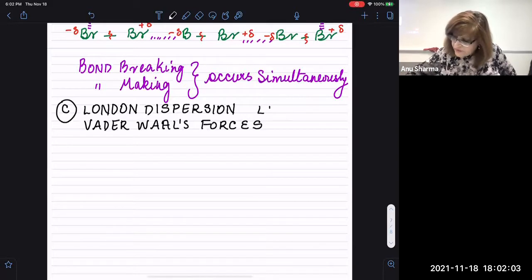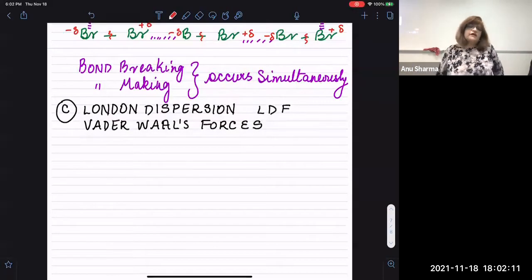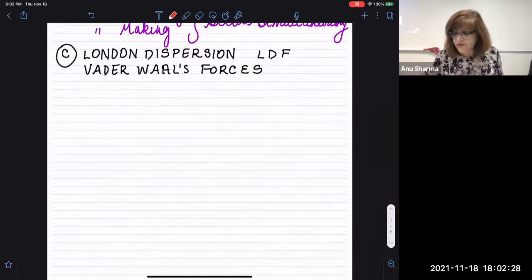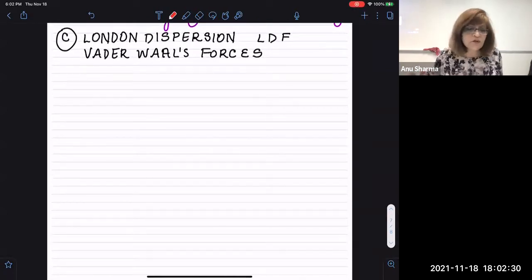Now, LDF, commonly, all the molecules have it. So if I give you a few molecules on the test and ask what kind of forces are present in these molecules, then you are going to say London dispersion, 100% guaranteed, right? Other molecules, then you have to see if they are dipole or hydrogen bonding or those things.